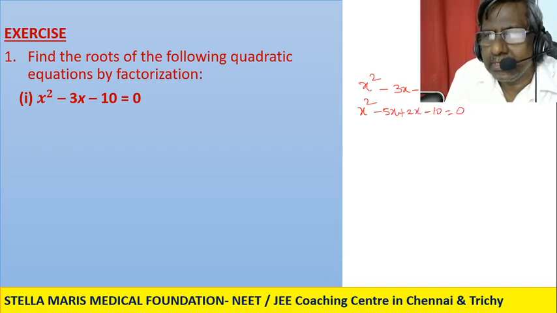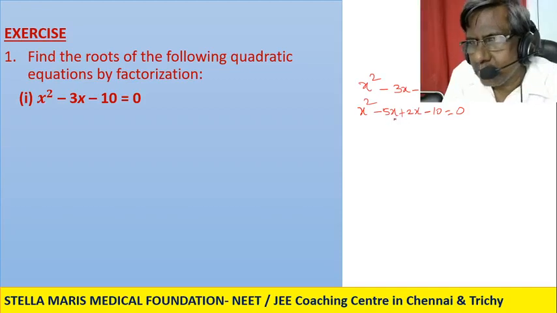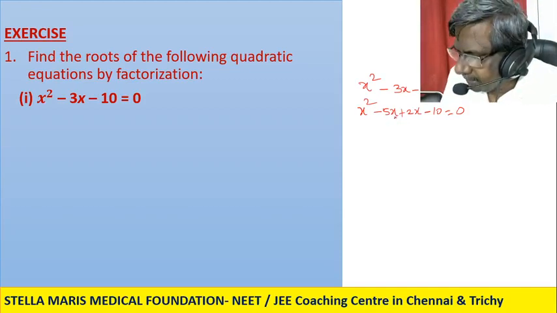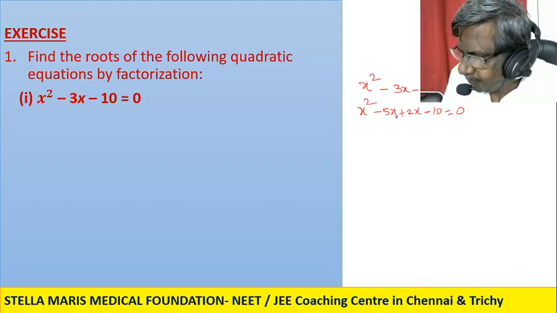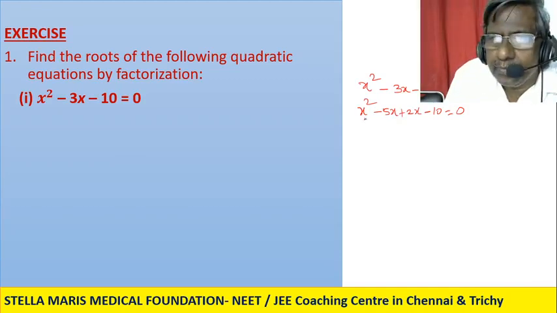I'm splitting this into minus 5 and plus 2. Clear? Now for these two terms, first x into x minus 5. Then x minus 5 should come here, so here it will be plus 2.